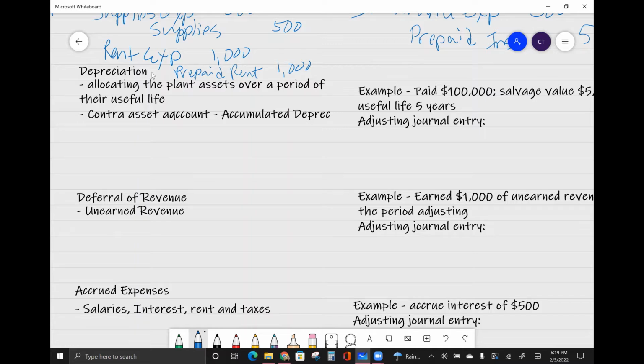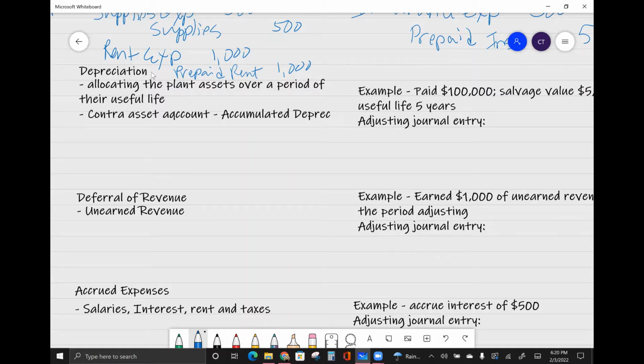So I may buy a building, I may buy a car, so I have an auto account, which is an asset. I might have equipment. So let's say I buy a truck for $10,000. When I set up that auto account, that asset, it's going to be set up for $10,000. I'm not going to do any entries to that account.